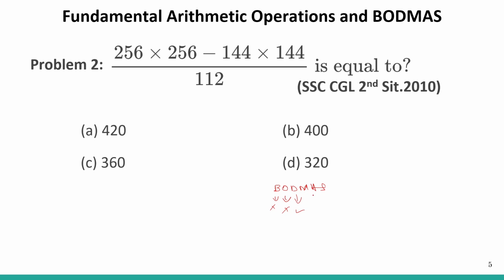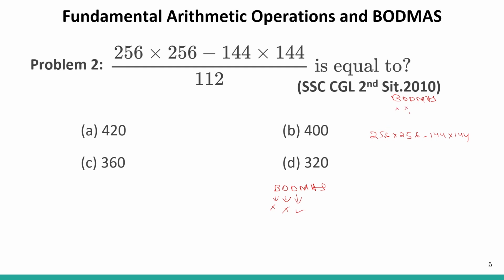To simplify the division, you look at the numerator. Here the numerator is 256 into 256 minus 144 into 144. Again, you apply the BODMAS rule. Are there any brackets? No. Any exponents?